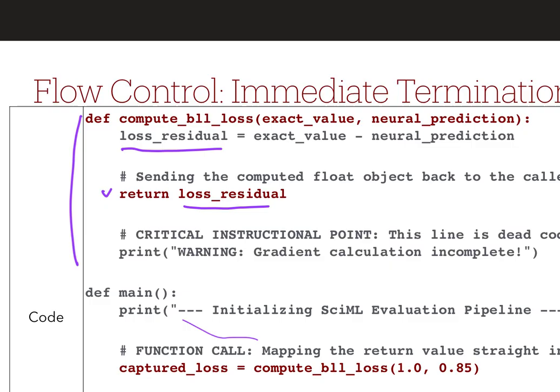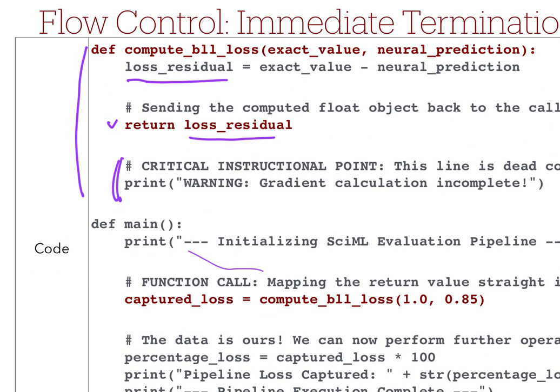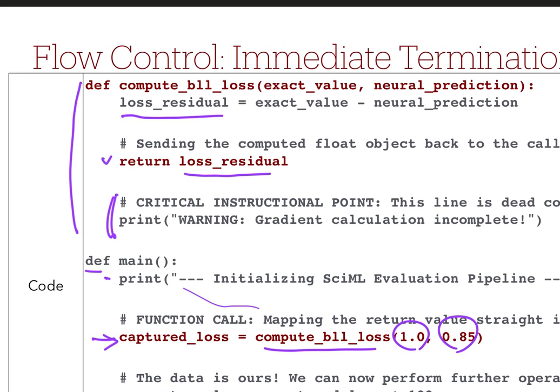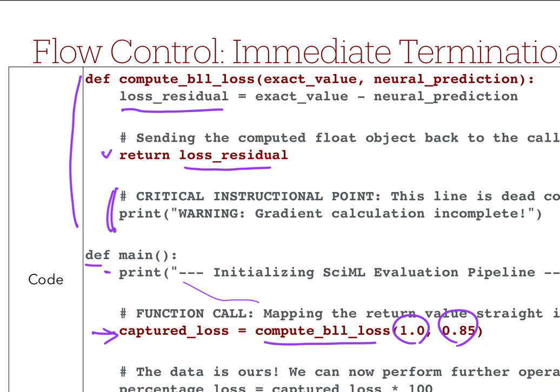In that case, even though you have some additional statements, those statements will be discarded. So, in the main function, there is a print. And then when you call that function with the two values, this 1.0 and 0.85 will be given to the exact value and euro prediction. Their difference will define loss residual, and loss residual is returned by the function.